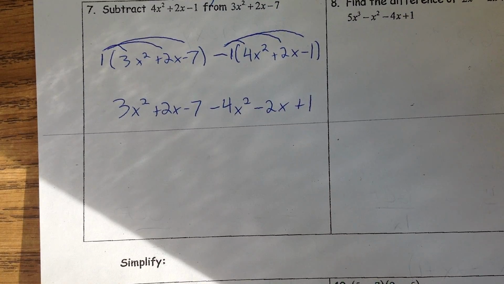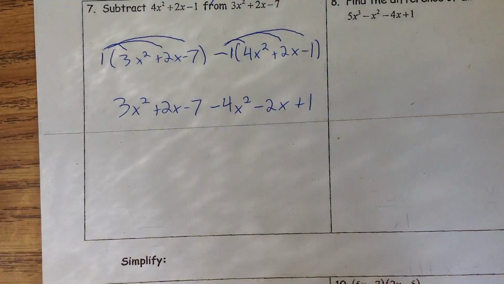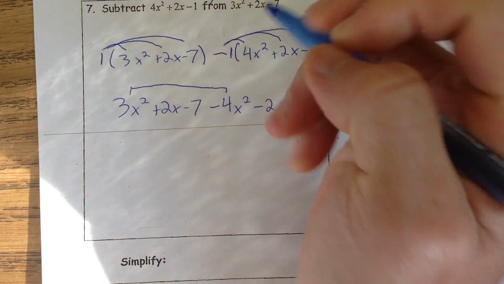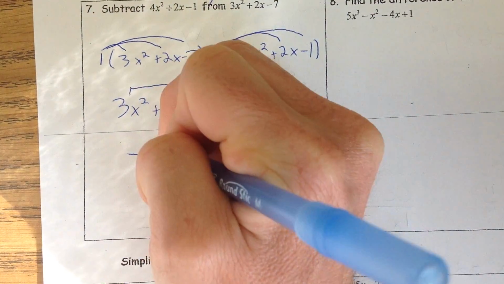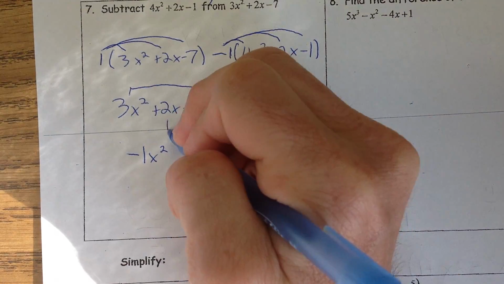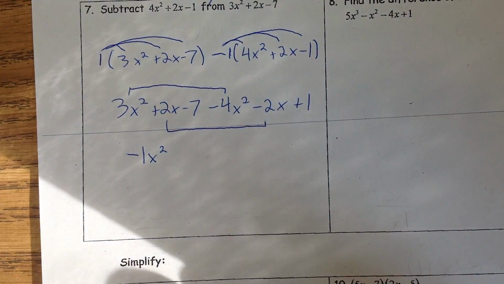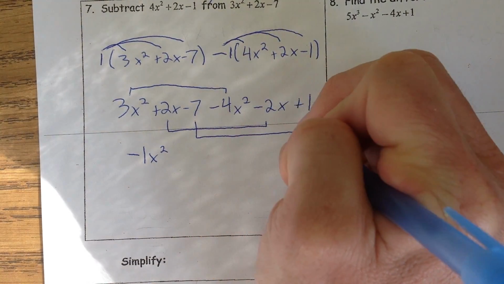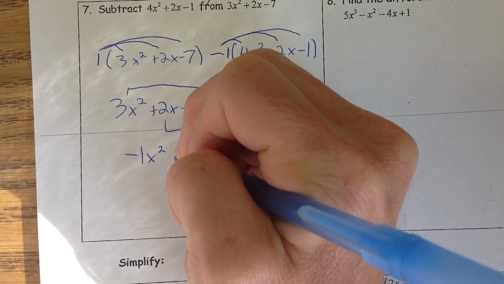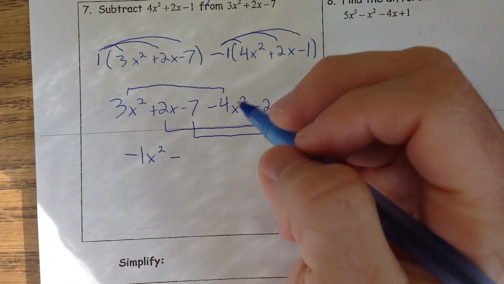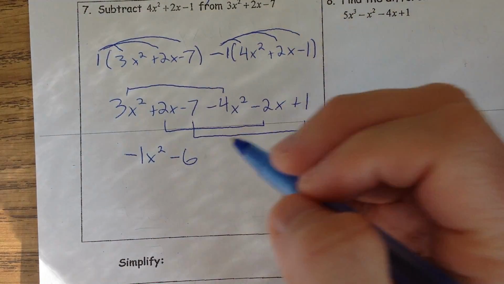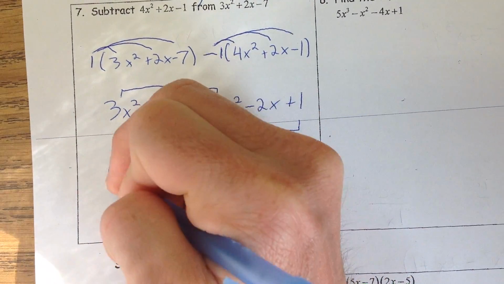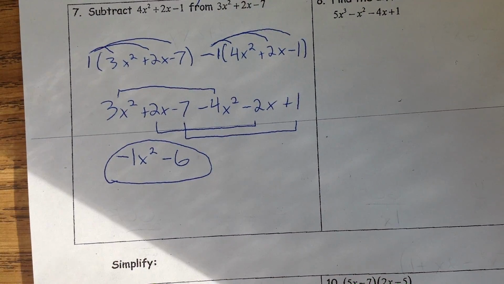All right, now that we have all of that taken care of, we can combine like terms. 3 minus 4 is negative 1x squared. 2 minus 2 is going to cancel out. And then negative 7 plus 1 is going to give us a negative 6. All right, so our final answer would just be that right there.